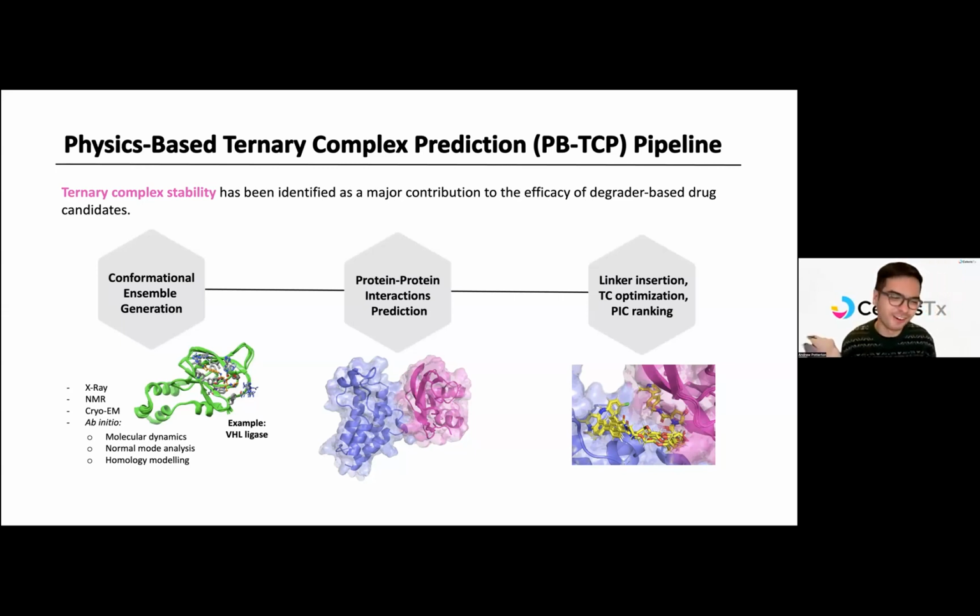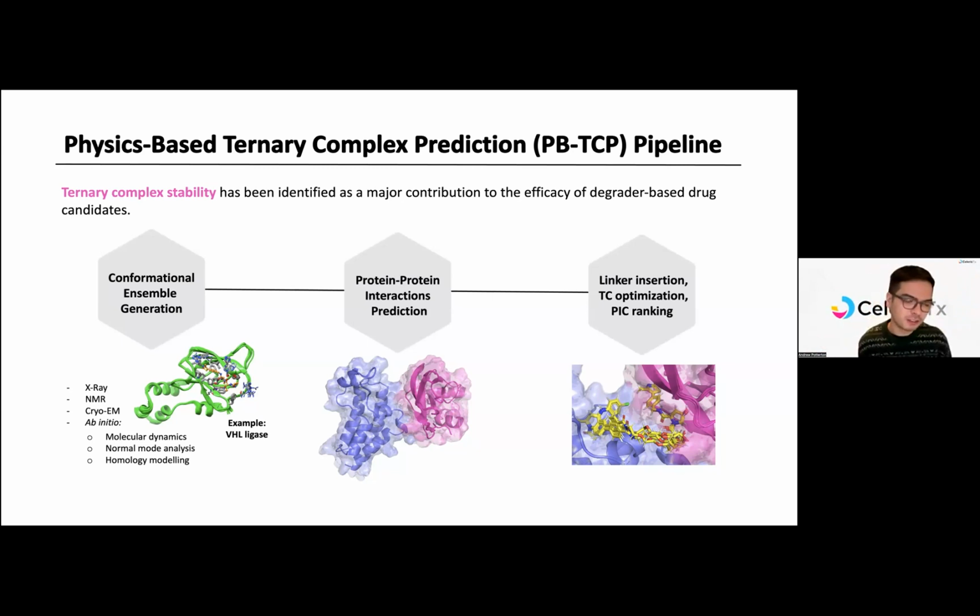Obviously, there is a preference for crystal structures and experimentally determined structures, but failing that, you can use different techniques to generate the conformations you desire, with particular emphasis on conformations surrounding the surface of the binding sites of both the protein of interest and the E3 ligase.